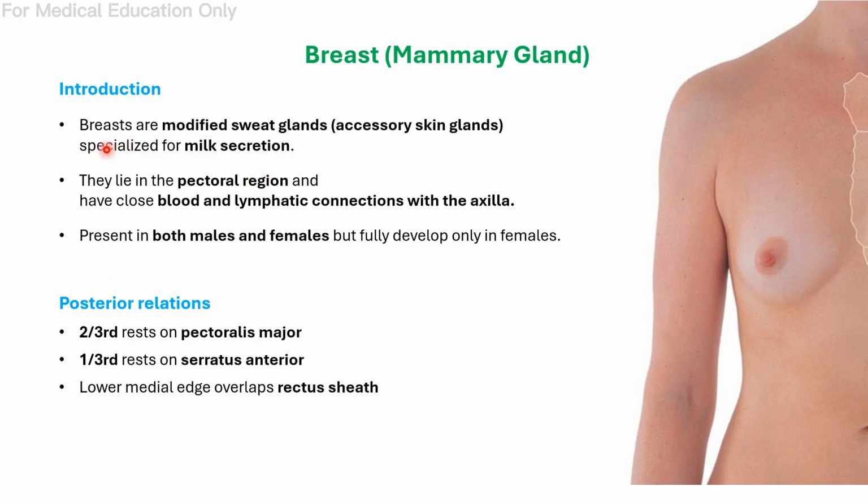Breasts are modified sweat glands or accessory skin glands specialized for milk secretion. They lie in the pectoral region and have close blood and lymphatic connection with the axilla. Breasts are present in both males and females but fully develop only in females due to hormonal influence, especially estrogen and progesterone.